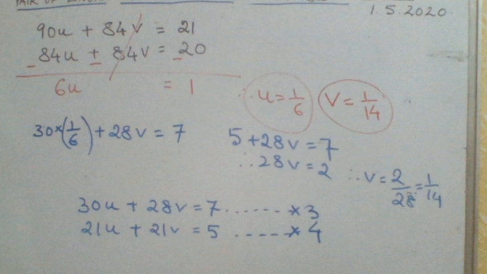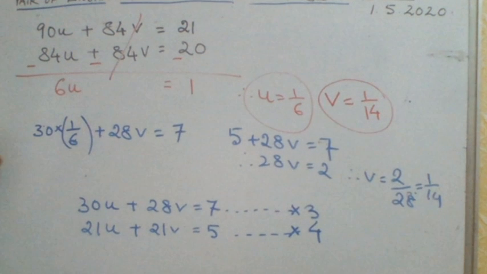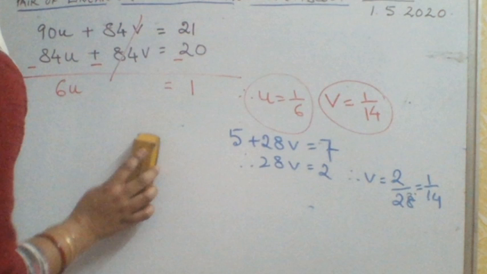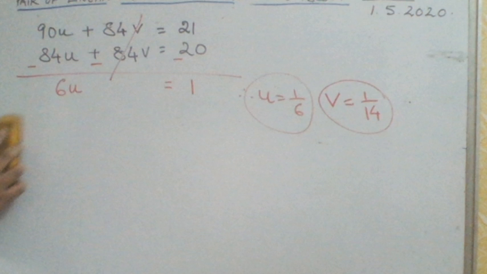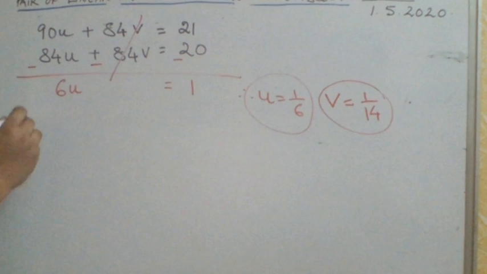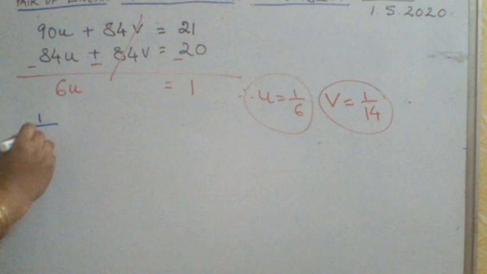So we don't come to the end. Now the question is not yet completed. See, this is a long one. We have to solve it for x and y. In our main equation, we have substituted u as 1 upon x minus y.